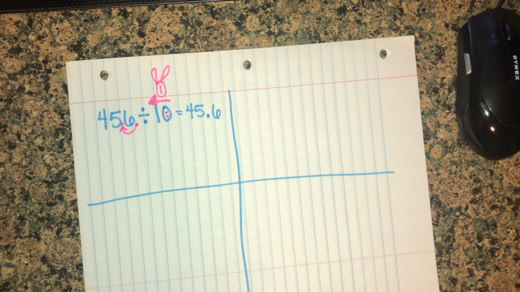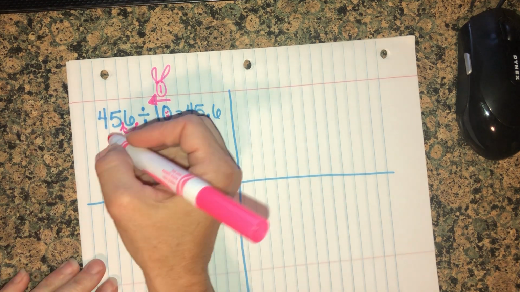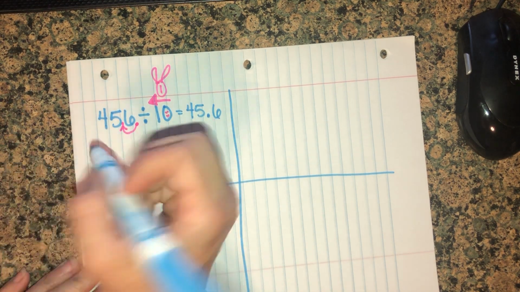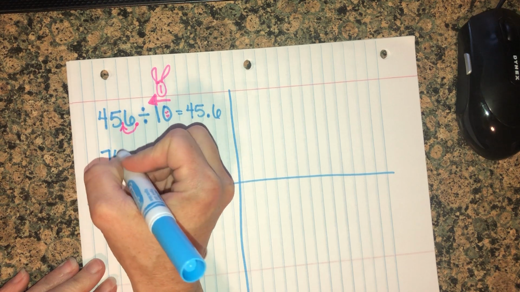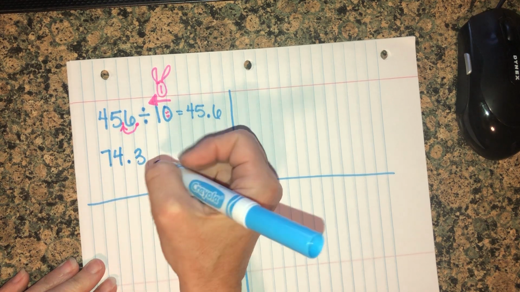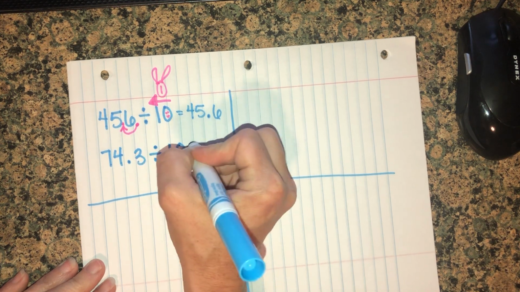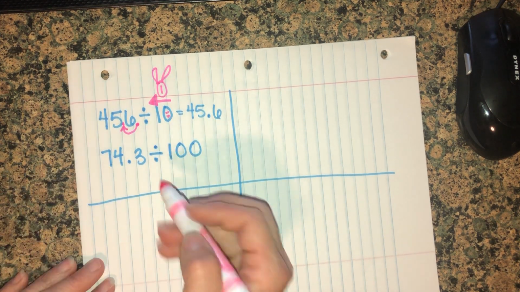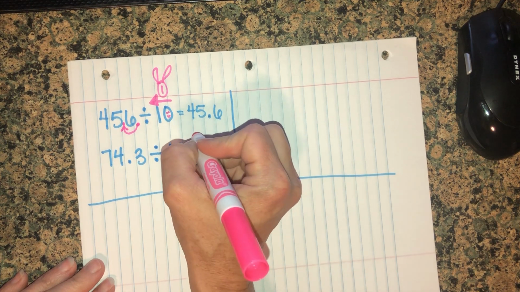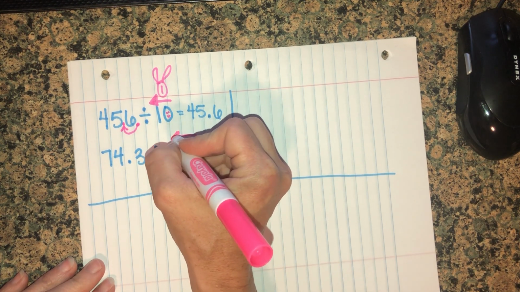If I have a number like, let's see, 74 and 3/10 divided by 100, I'm dividing by a power of 10, so I know I'm going to the left.